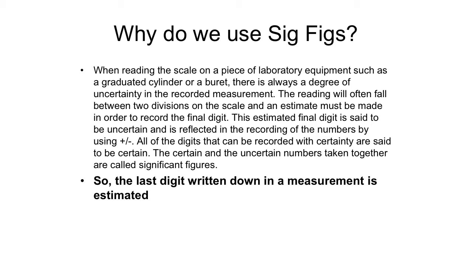As you breathe, you'll see that last digit changing. So the last digit that you're writing down in a measurement is estimated. If we're using our balances, we only know down to the 10th of a gram, and then that 100th of a gram has some estimation, and that's going to affect how precise our answers can be.